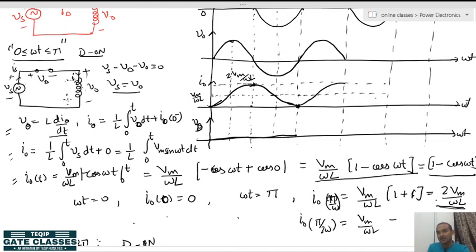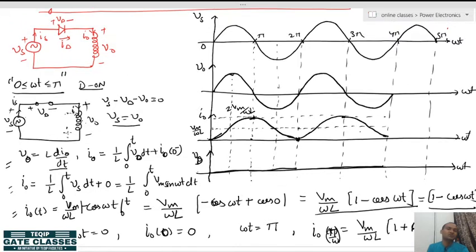Since the load current is like this, based on the load current you have to draw the load voltage. So the load voltage will be like this, and you are observing that for the whole duration there is no rectification actually taking place, because of the large inductor value or the pure inductor value. The inductor will not allow the diode to turn off at any time.